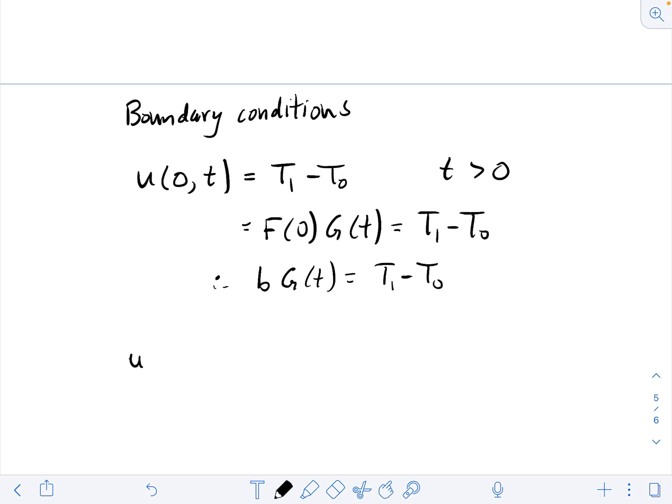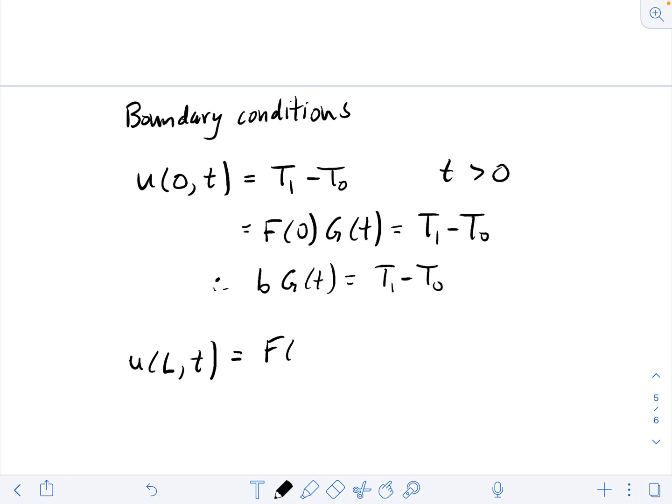Okay, so the other boundary condition is at x equals L. At x equals L, we have f at x equals L times g of t has to be equal to 0, because at x equals L, the temperature is T0, and U is T minus T0, which is 0 in this case.